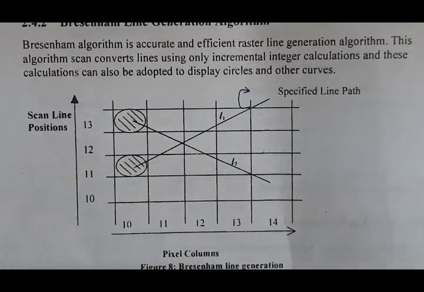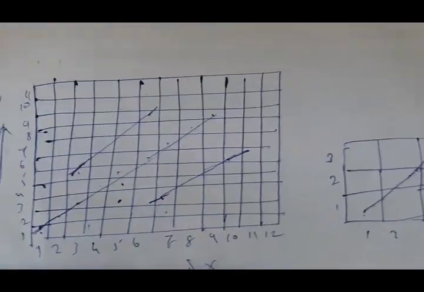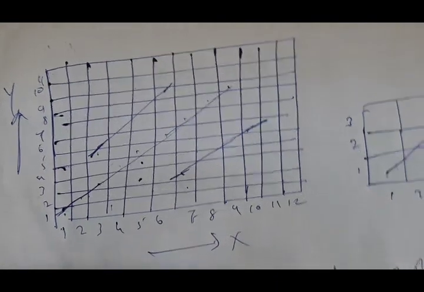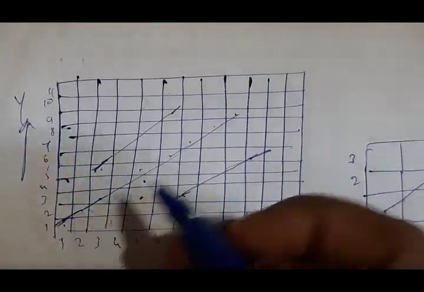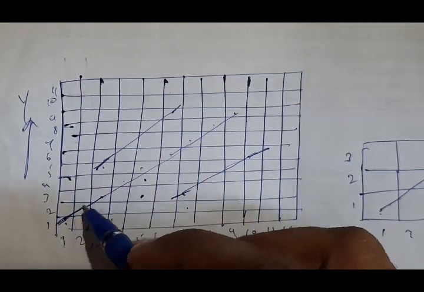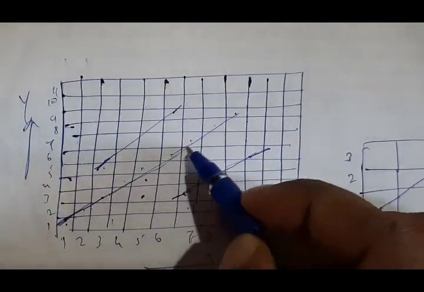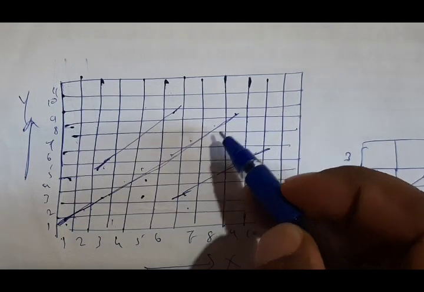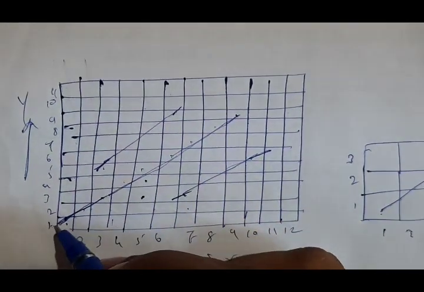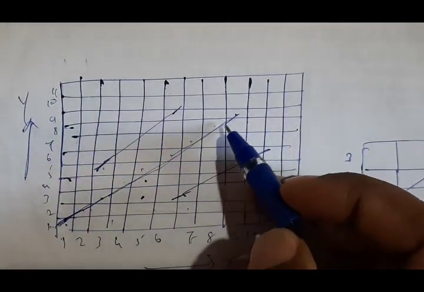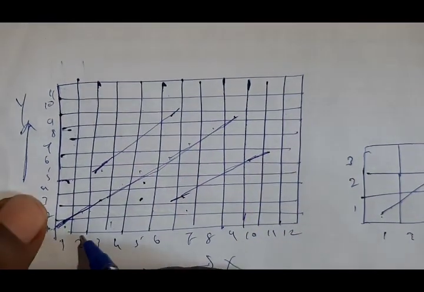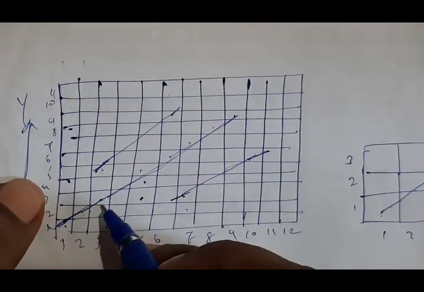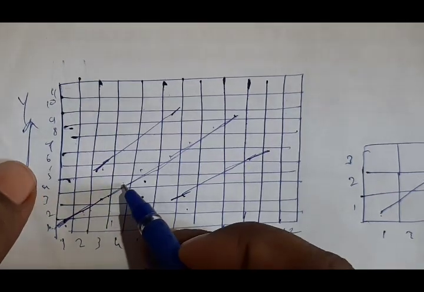If m is 1, if the angle is 45 degrees, then tan 45 degrees is 1, no? So see here: 1 1, next 2 2, both are incrementing, 3 3, next 4 4, correct, no?